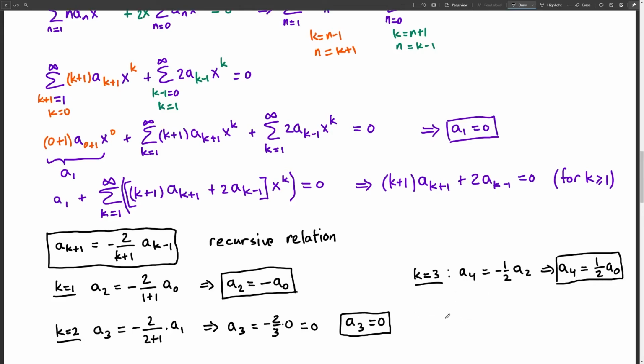And then we could do one more. k equals 4 would tell us that a sub 5 equals negative 2 over 5 times a sub 3, but a sub 3 is 0, so that tells us that a sub 5 equals 0.